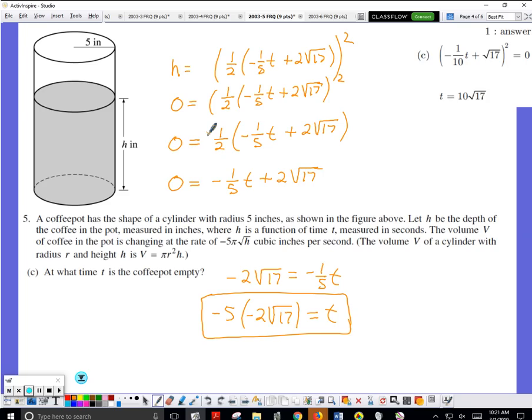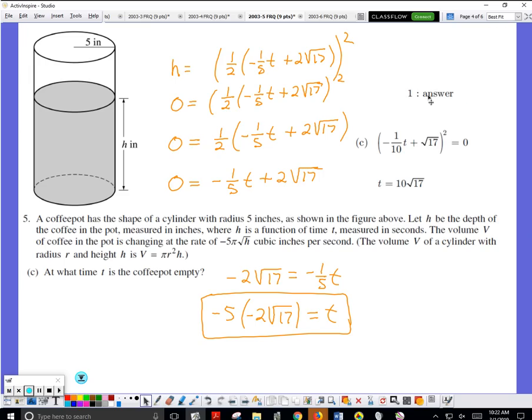Same thing. Move the negative, move the 2 root 17 over. Multiply both sides by -5, you're done. Good answer. That one is worth only 1 point, so even if you couldn't do the other parts, you didn't really lose out very much.